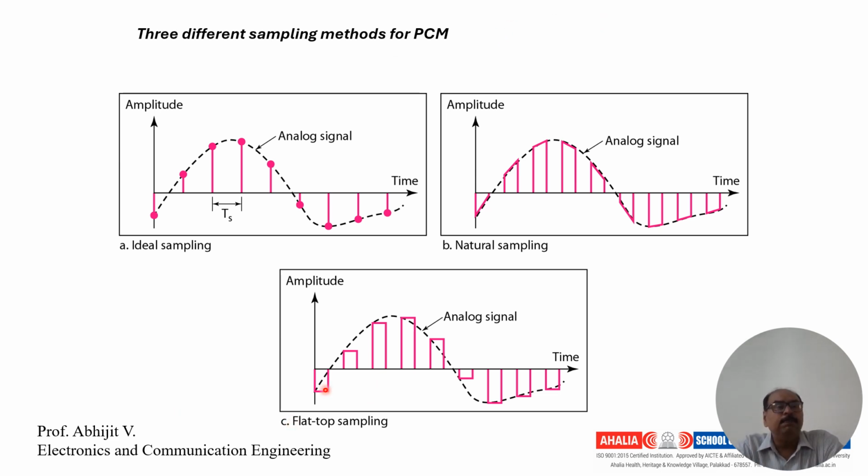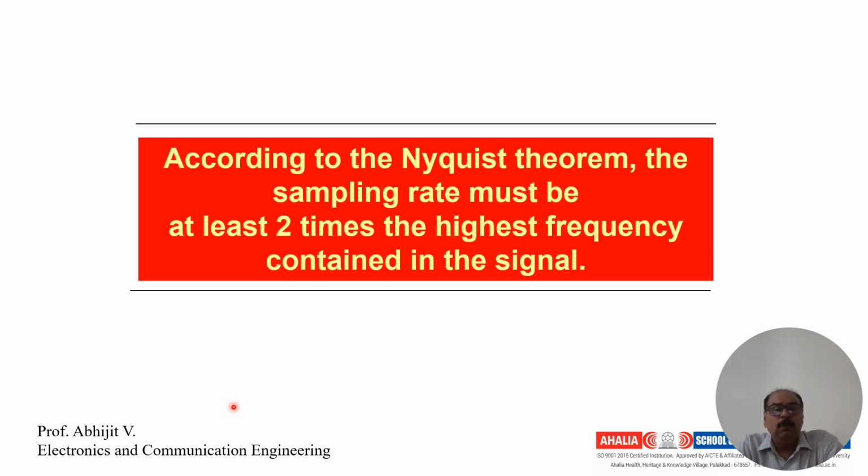So the next very important and very famous theorem is the Nyquist theorem, which defines how you have to sample an analog signal. According to the Nyquist theorem, the sampling rate must be at least 2 times the highest frequency contained in the signal so that this particular signal can be reconstructed in the end. So what is the Nyquist theorem?